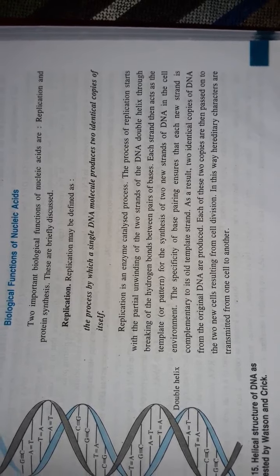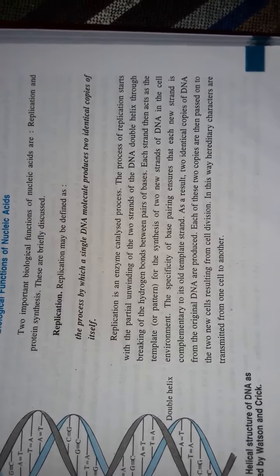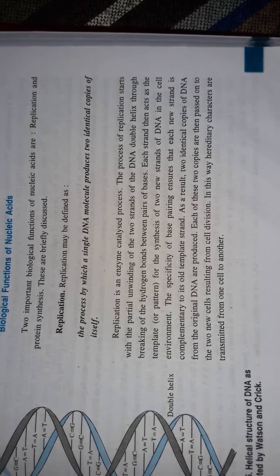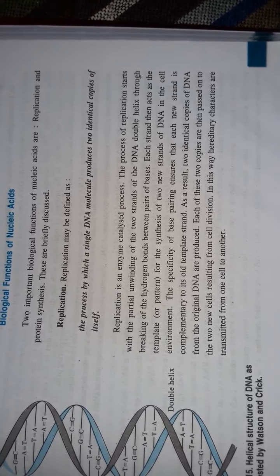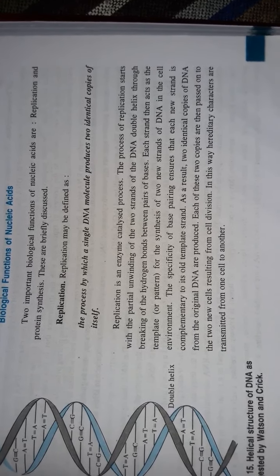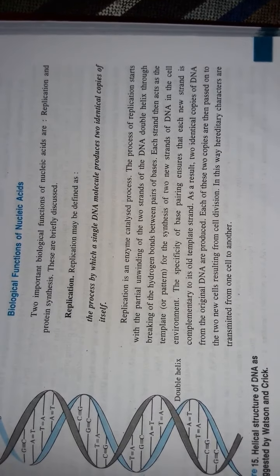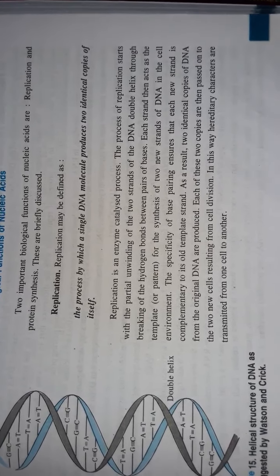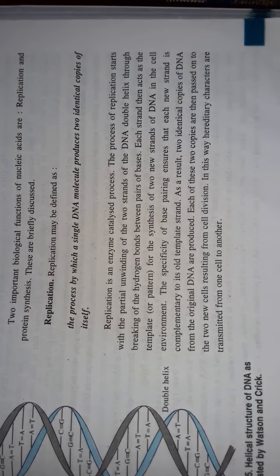DNA contains the bases adenine, guanine, cytosine and thymine, which are the four bases in the DNA strand. The process by which a DNA molecule produces two identical molecules of itself in the nucleus of the cell is known as replication.